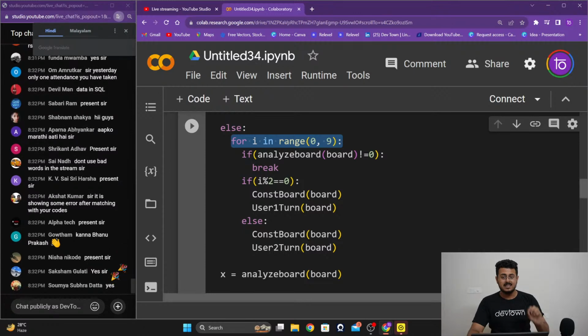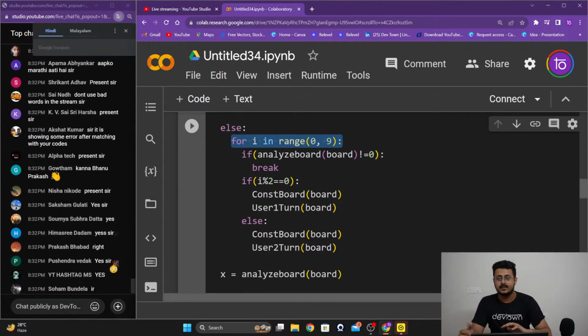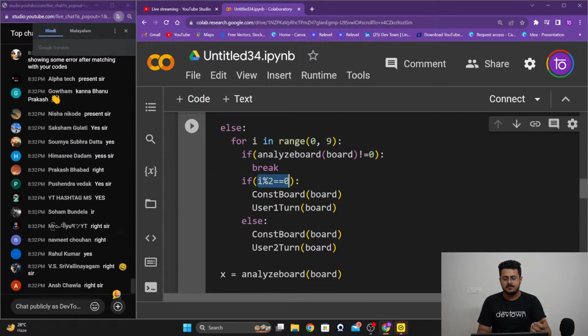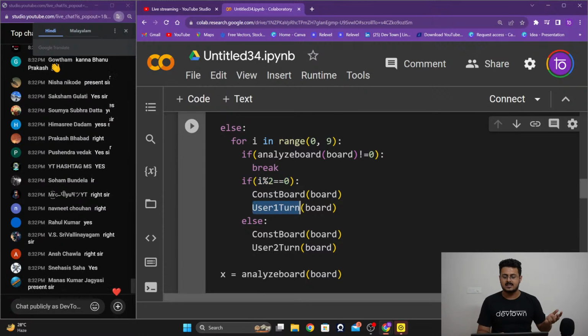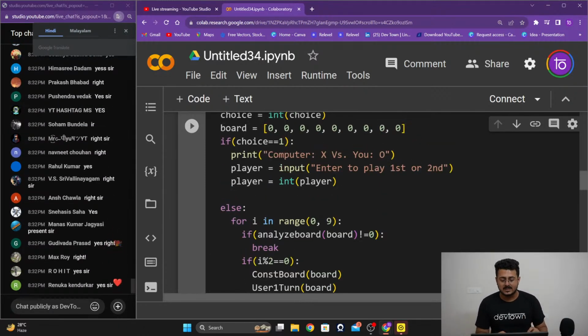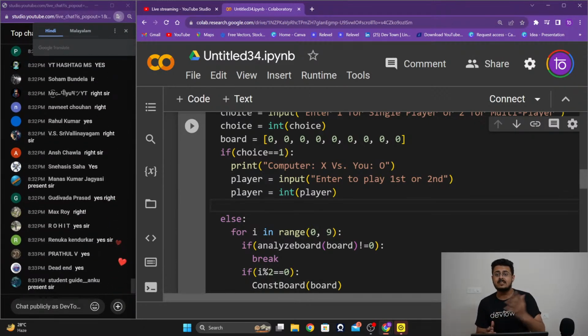Yes. But in the case of the multiplayer game, there was no going first or going second. So that is the reason why we just had to check that if it is modulo 2, user 1's turn if it is even, user 2's if it is odd. But in this particular case, we don't know which player is even or odd.